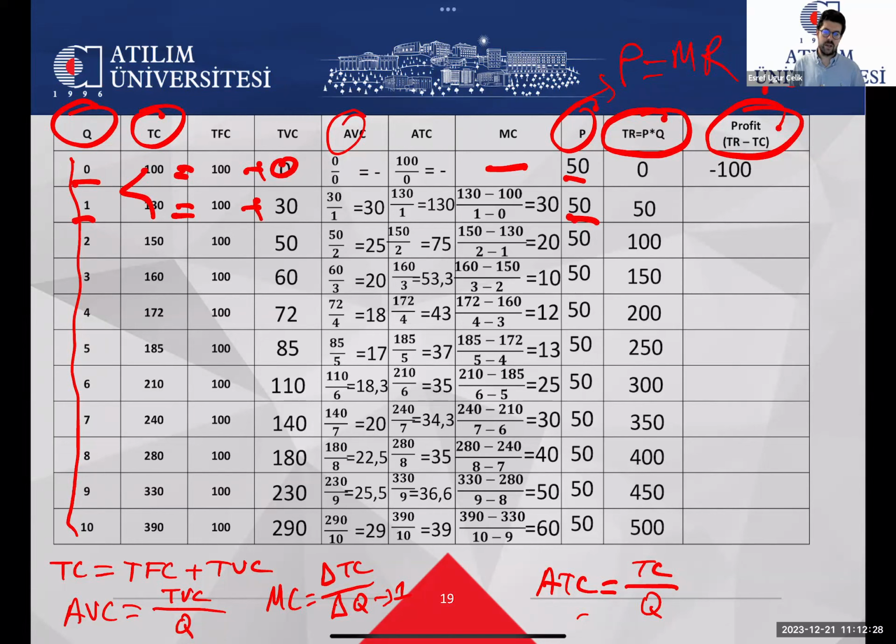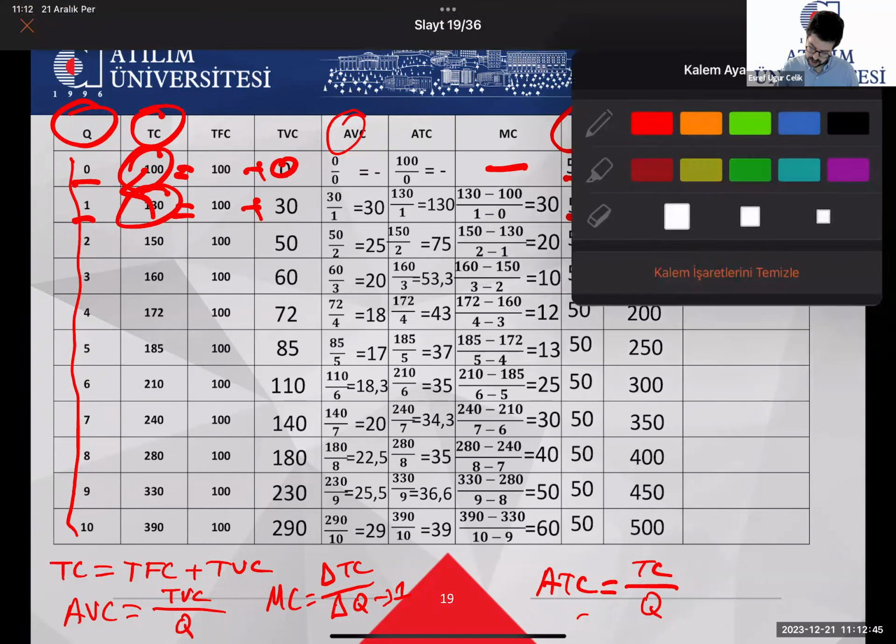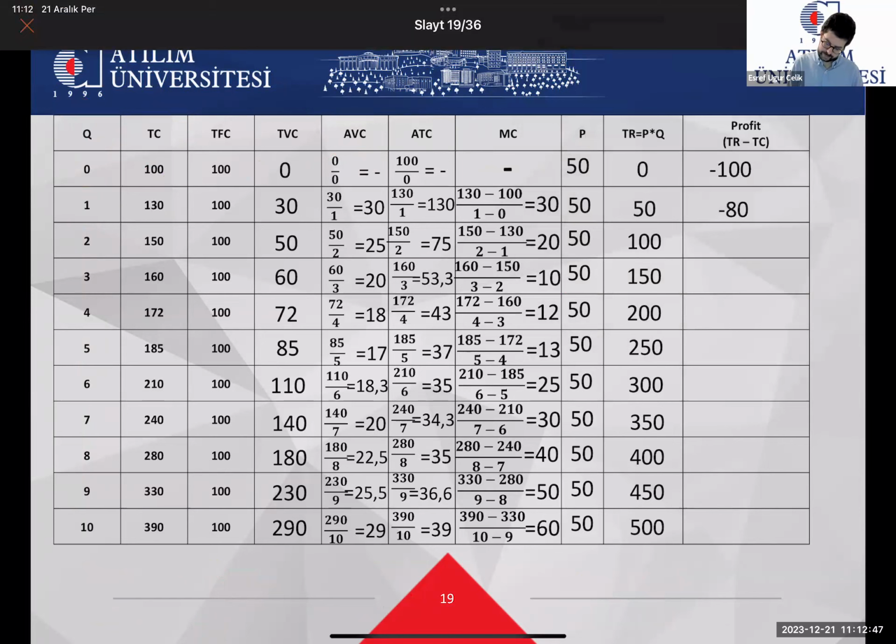That's easier to get the answer. So 0 minus 100 is minus 100, 50 minus 130, 100 minus 150. It's going to go like that.